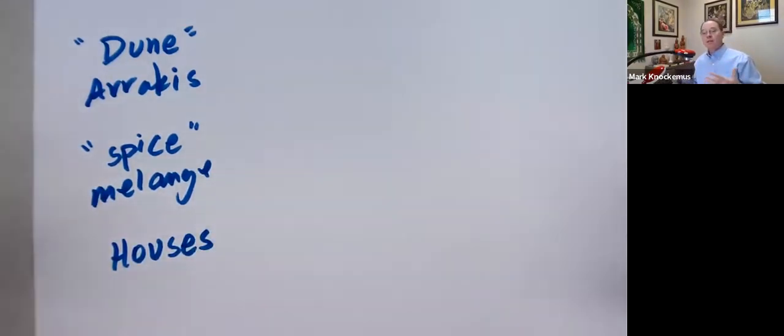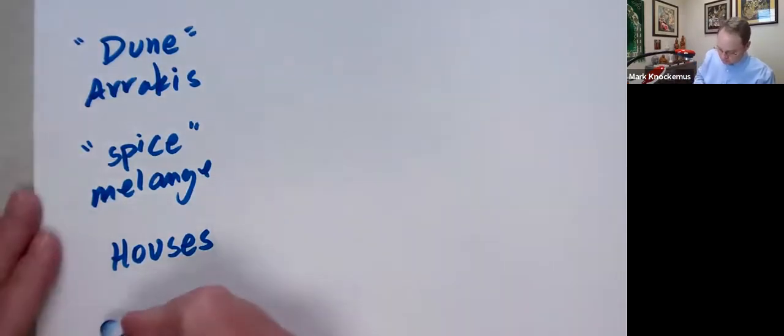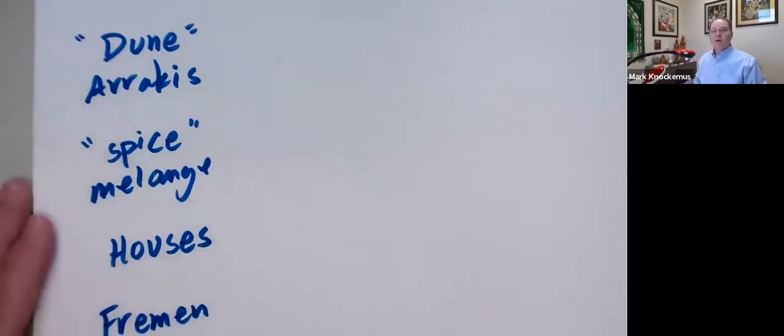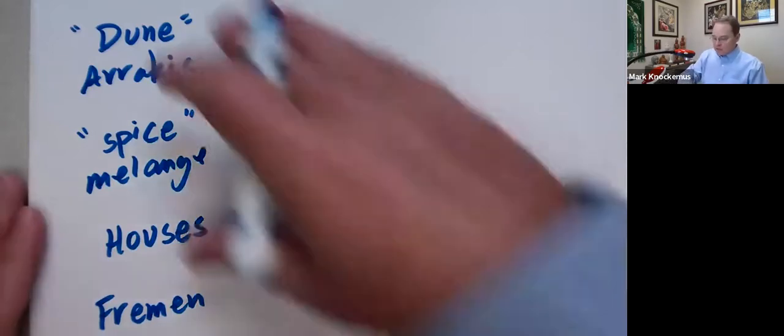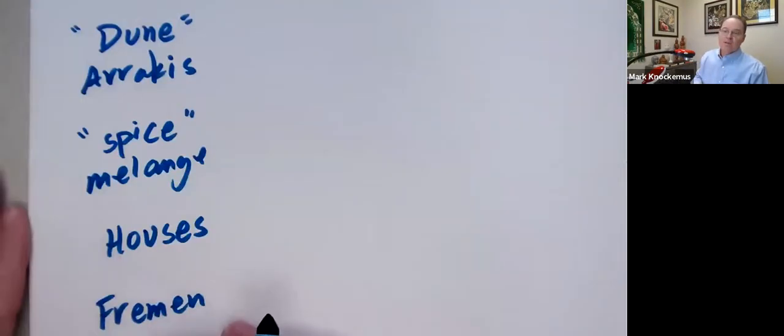The different families, like the House of Atreides, right? All of those different houses. We can find the Fremen, right? The native population that lives on the Dune planet of Arrakis. So now, this is what we see in the narrative, in the story. This is the surface.